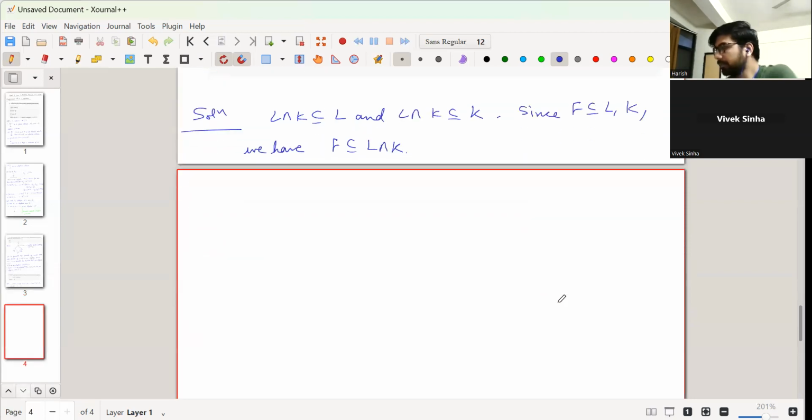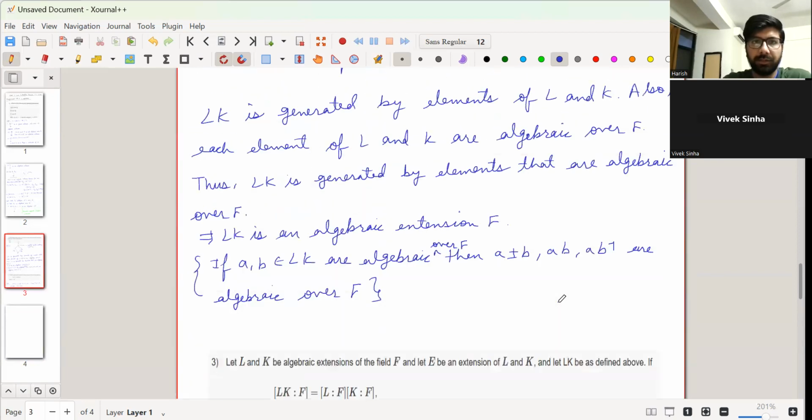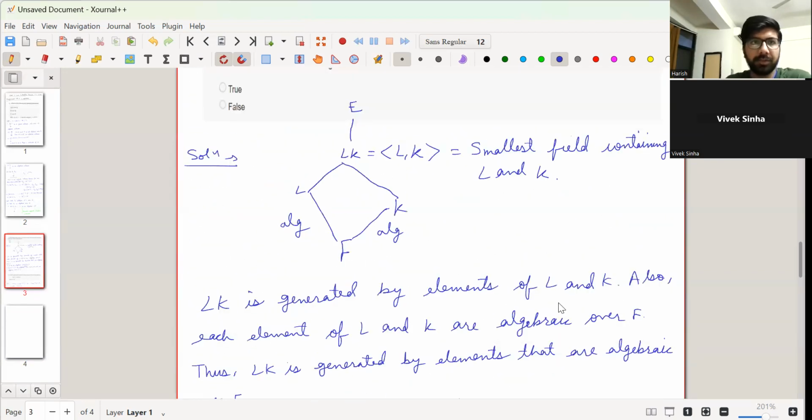So there is a slight modification in the tower that we formed. Till here, everything will be the same. Let me try to copy it as it is if I could.